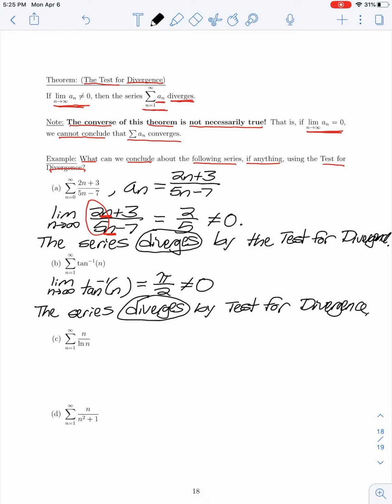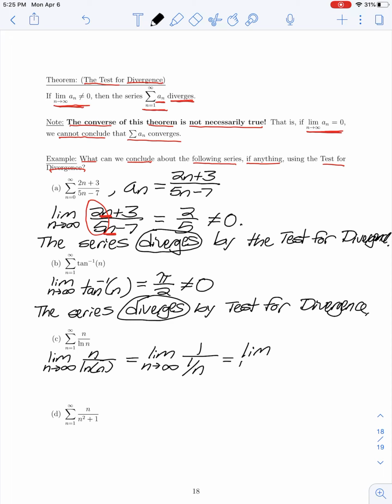Now in part C, we have the sum from 1 to infinity of n over the natural log of n. Again, taking the limit of this general term as n becomes large, we have something of the form infinity over infinity, which is an indeterminate form for a limit. But if we apply L'Hopital's rule, we would have the limit as n approaches infinity of 1 divided by the derivative of log n, which is 1 over n.